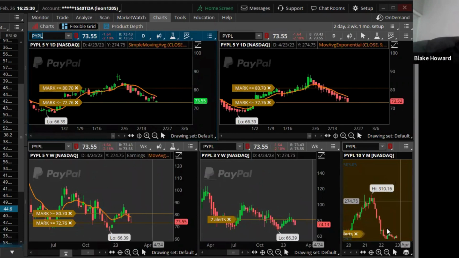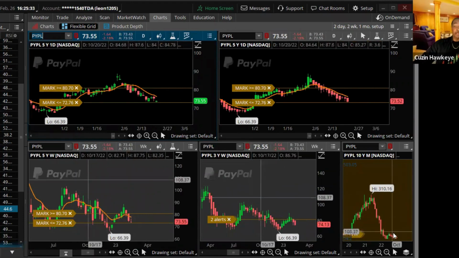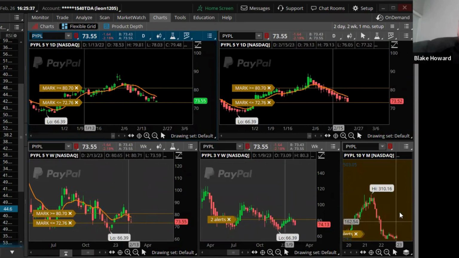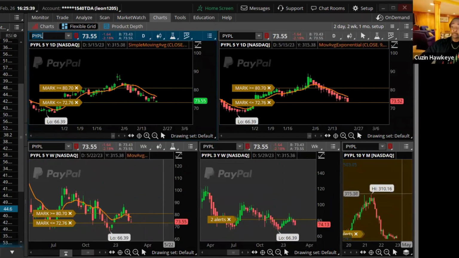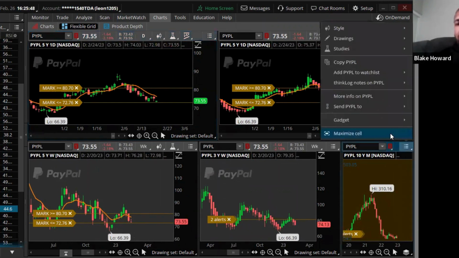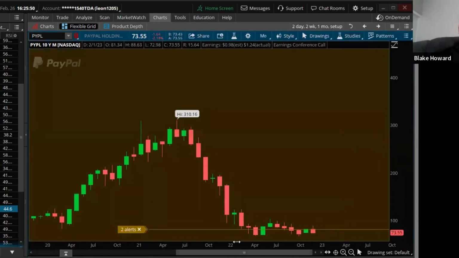Look on the monthly. The monthly for PayPal looks like it could go up a long way. If it breaks past, move your cursor down a little bit, right near where your alerts are, where it's trending sideways, that little bumper track.